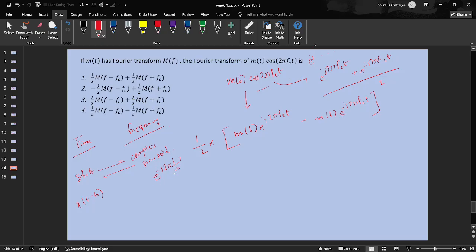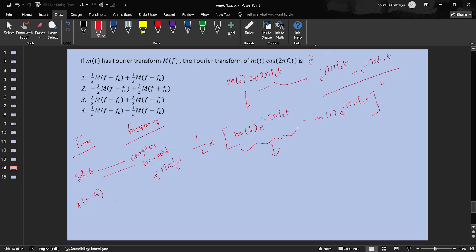And if you have shifting in the frequency domain, that leads to complex sinusoid multiplication in the time domain. So that is what you mean by modulation, right? This property you are going to use so many times, and it's quite a good intuition and time saving.